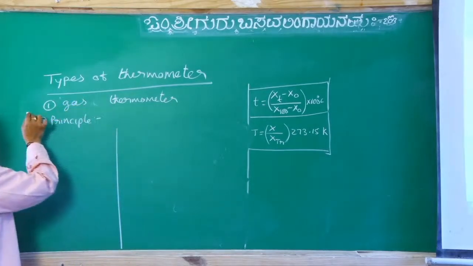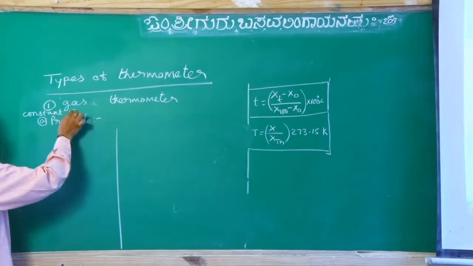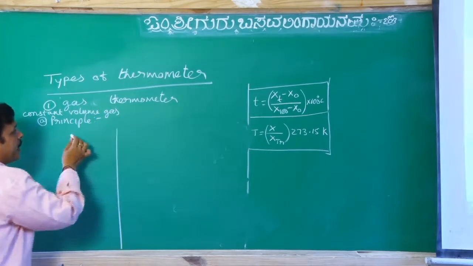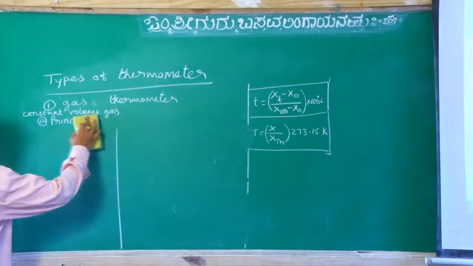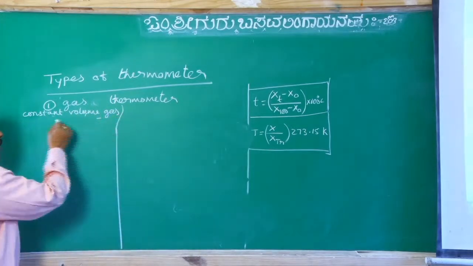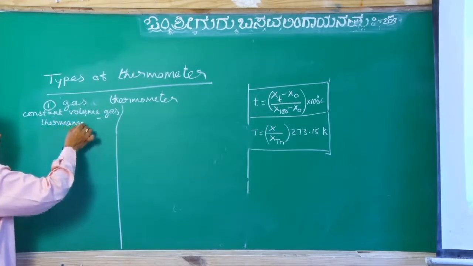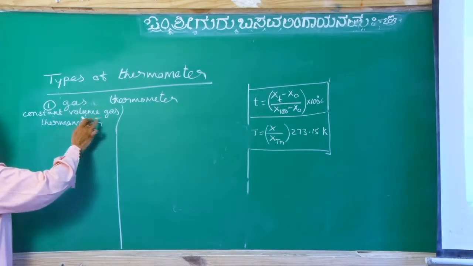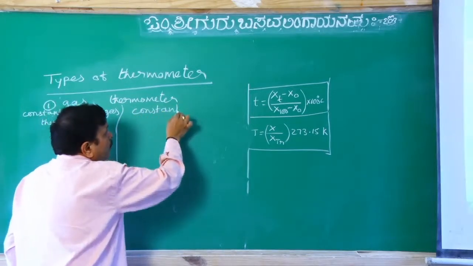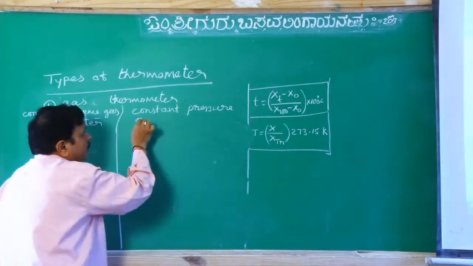One is the constant volume gas thermometer, and the second one is the constant pressure gas thermometer.